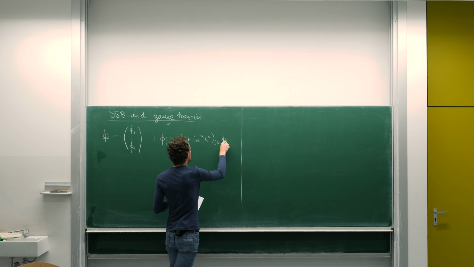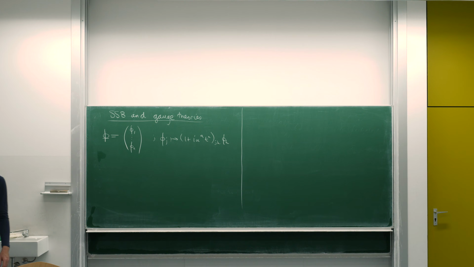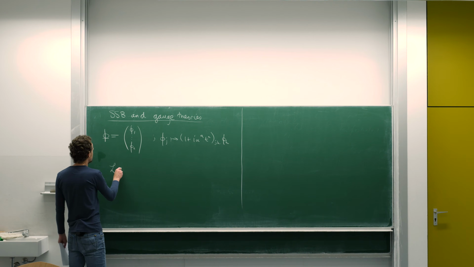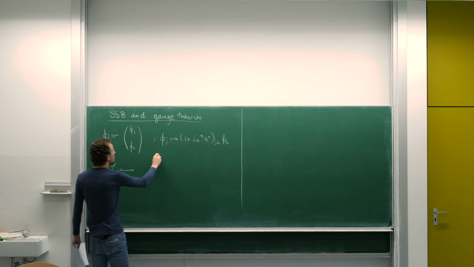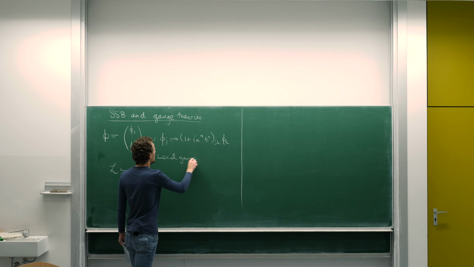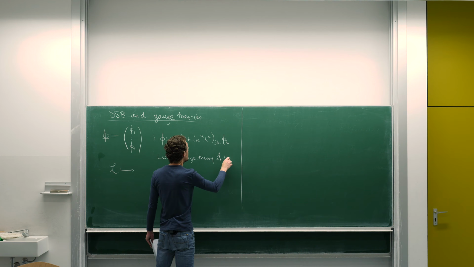This is what we did in the previous lecture, like so. Then we can, by adding a potential to the Lagrangian, so this is a local gauge theory of bosons.